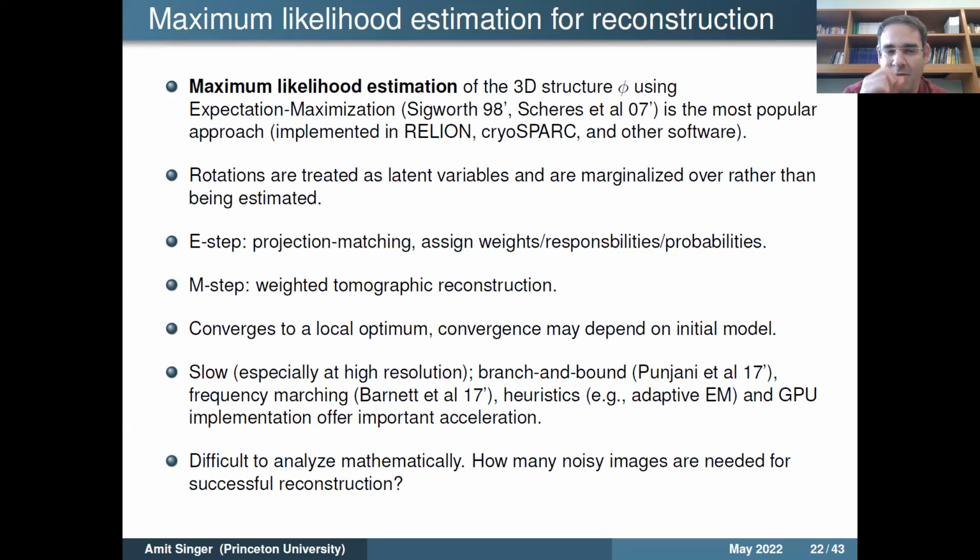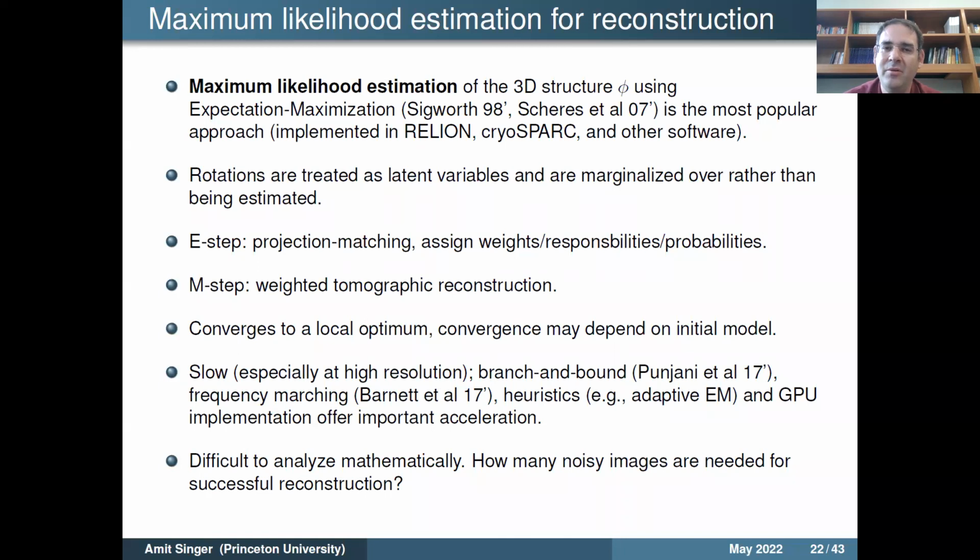In the EM iterations, there is an E step and an M step. In the E step, you do exactly what the oracle did before. You have a current guess for how the 3D structure looks, and you project it in all possible directions. Now for every experimental image, instead of assigning the best match, you assign a weight or a probability that it was actually taken from that direction.